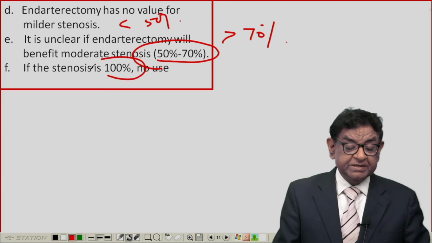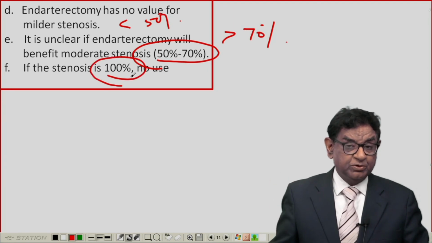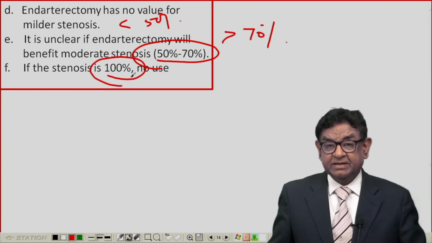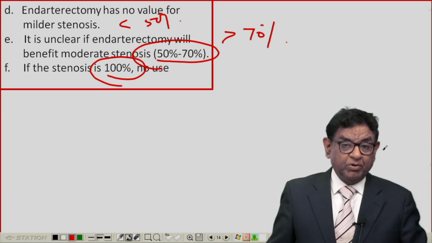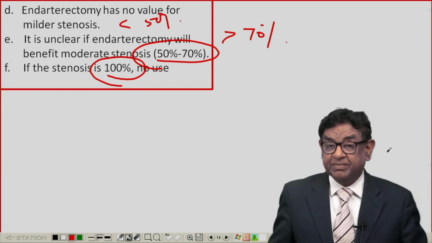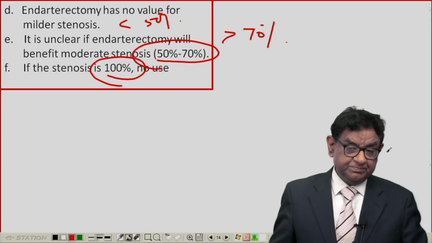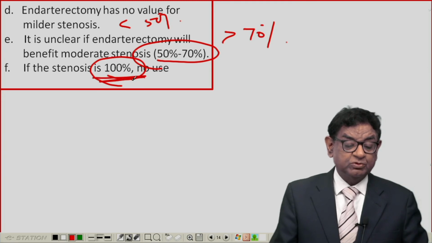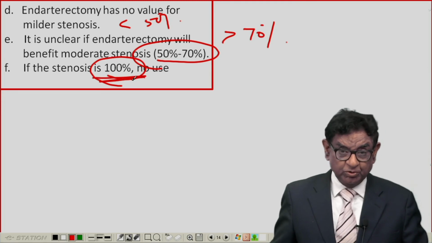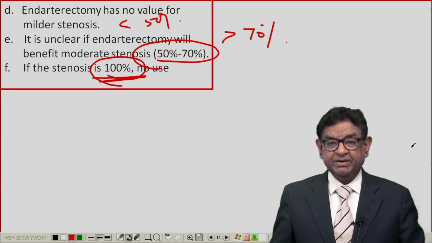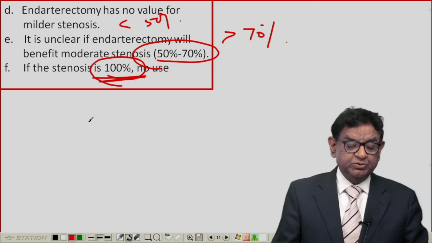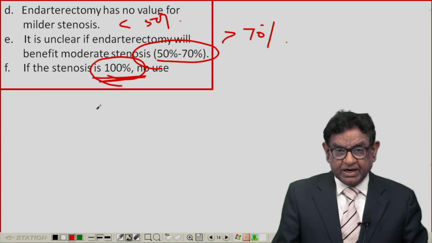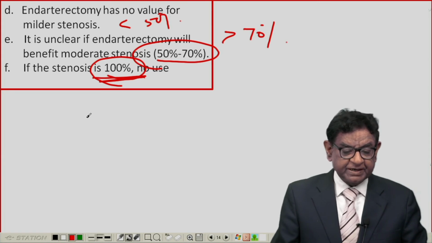But if the artery is 100% blocked, then again there is no role, because by the time 100% blockage has occurred, the body has already made collaterals, and now it cannot be a source of embolus, so there is no role of doing any treatment when the artery is 100% blocked. So you can say in a nutshell, the carotid artery should be taken care of when there is more than 70% blockage and less than 100%.